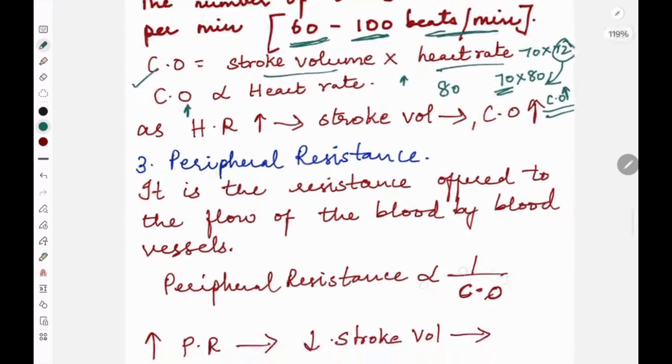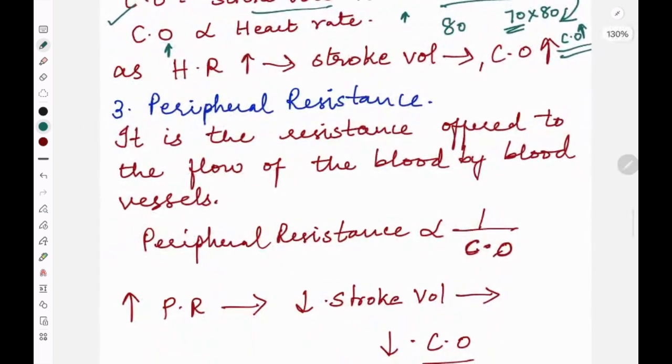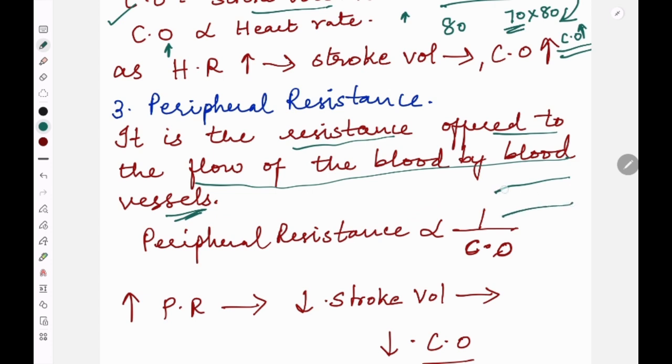The next factor is peripheral resistance. What do we mean by peripheral resistance? It is the resistance offered to the flow of the blood by blood vessels. Whenever the blood is flowing, let us assume this to be a blood vessel, and this is the blood flowing in it.